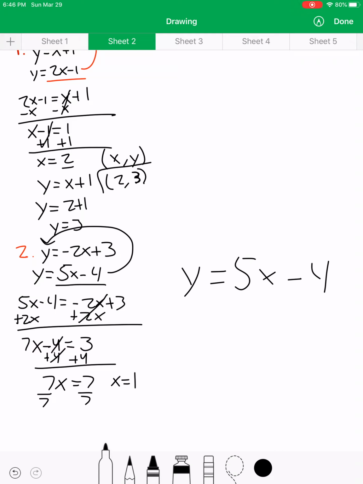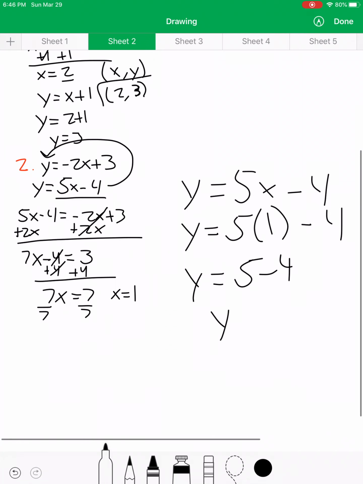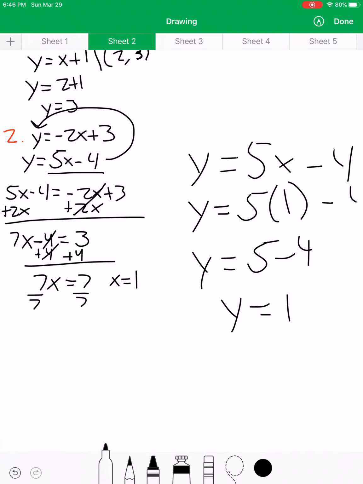I'm just going to substitute that 1 in there. So now y equals 5 times 1 minus 4. y equals 5 minus 4. Therefore, y equals 1.